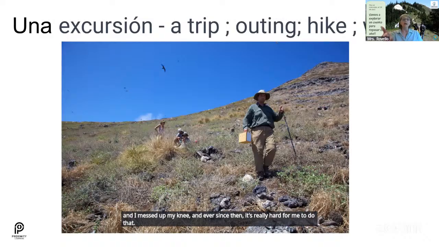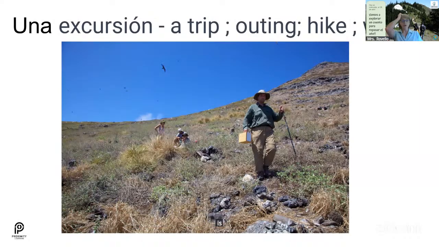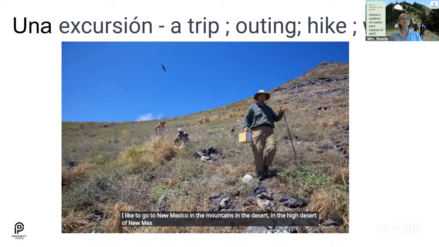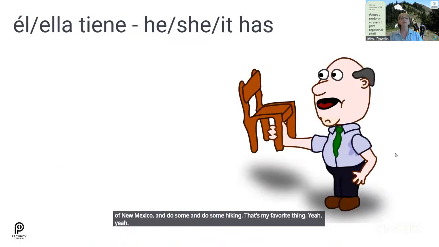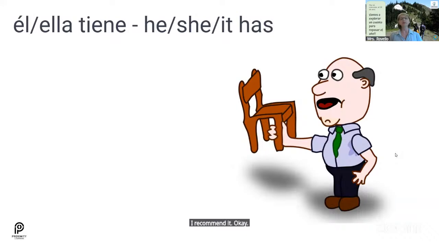But what I like is what this guy's doing in our picture here. I like to go to New Mexico, in the mountains, in the high desert of New Mexico, and do some hiking. That's my favorite thing. Yeah. I recommend it.